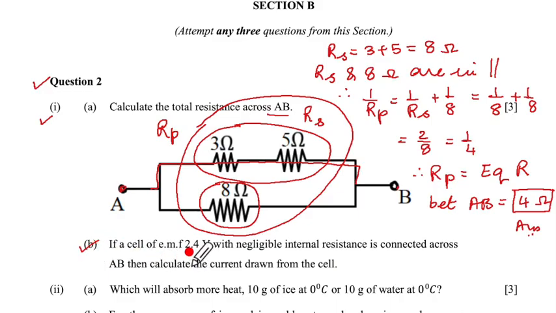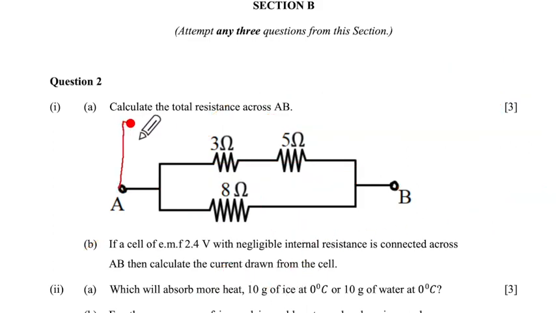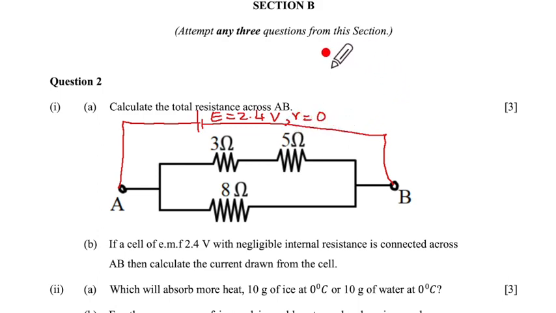Part B says if a cell of EMF 2.4 volt with a negligible internal resistance, means small r equal to 0, is connected across this AB, then calculate the current drawn from the cell. Now in this case, they are telling you that a cell is connected across AB, and this cell has EMF equal to 2.4 volts. Internal resistance is 0, and we know that V is equal to IR by Ohm's law.